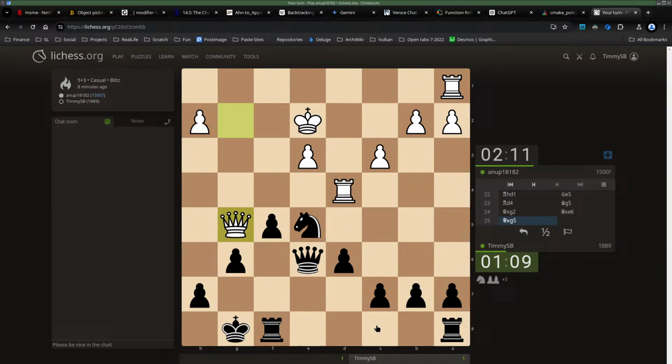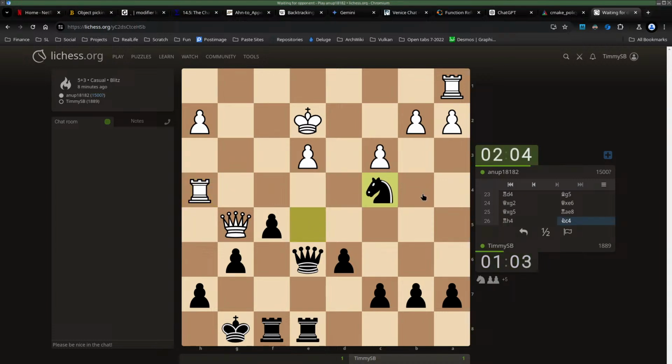Right. Okay, annoying. Still 5 points up though, so I shouldn't despair. Except for the time, of course. He's very aggressively attacking my king, right? It's probably possible.